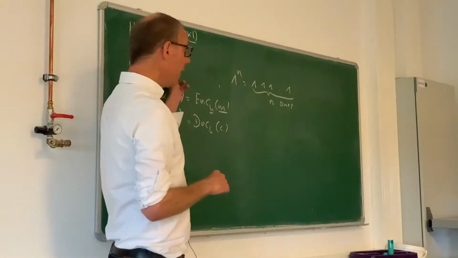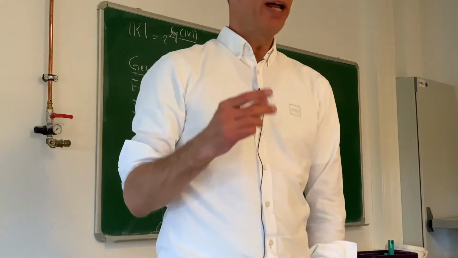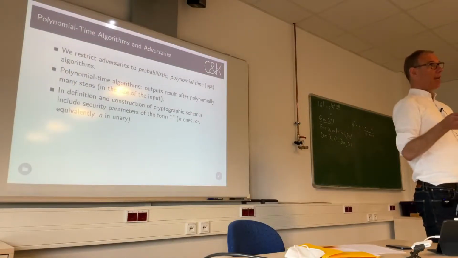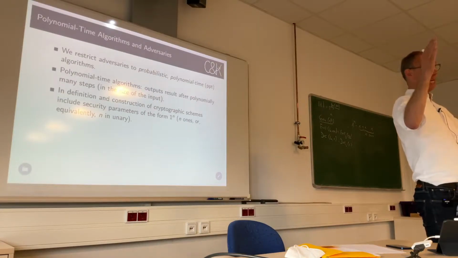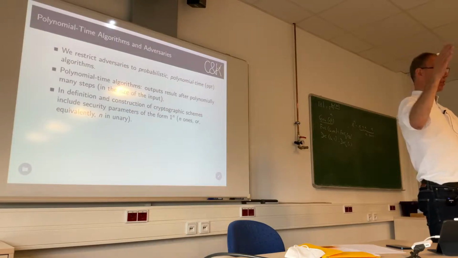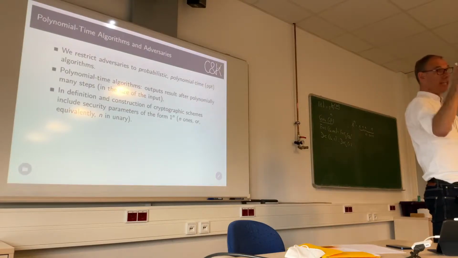What this means in particular is that if this algorithm is allowed to run in time polynomial in n, it can output keys of length n. And that's basically what we mean by our security parameter. The security parameter often specifies the length of the keys that you should output.